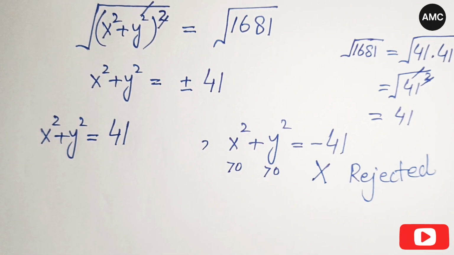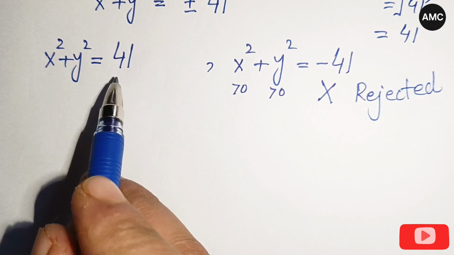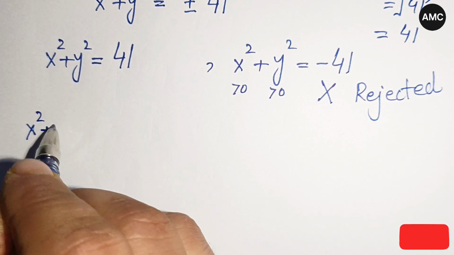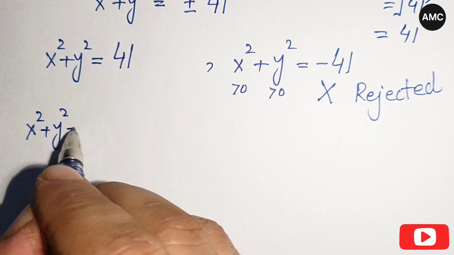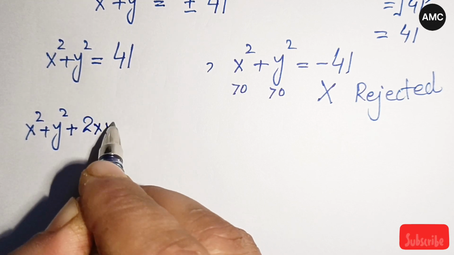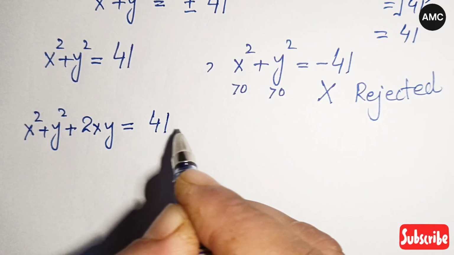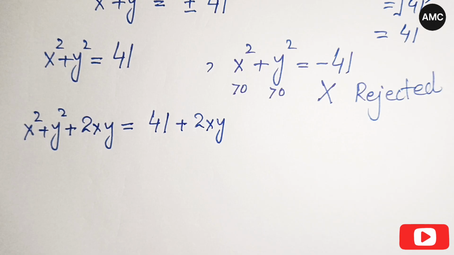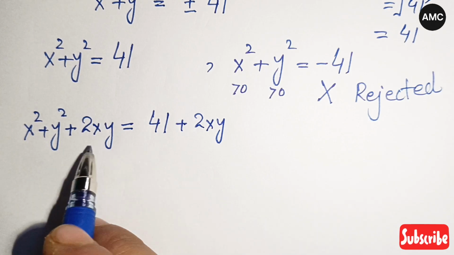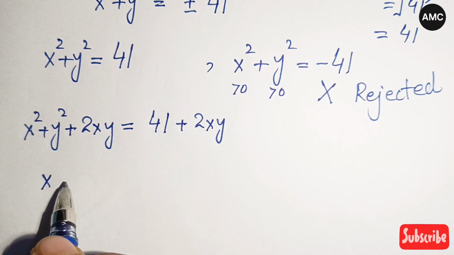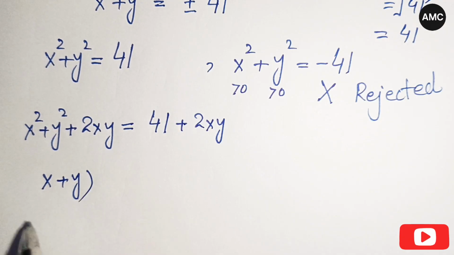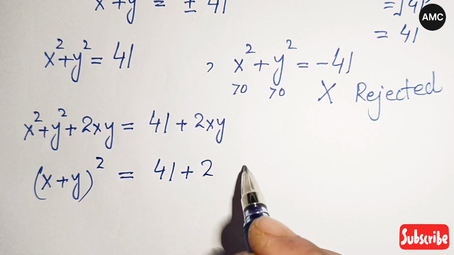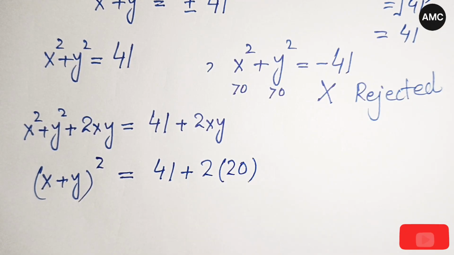Now taking x squared plus y squared is equal to 41 and finding the value of x plus y. Here x squared plus y squared, and if we add 2 times xy on our left hand side, and 41 plus 2 times x times y on our right hand side, it will become a perfect square, that is x plus y whole squared is equal to 41 plus 2 times the value of xy, we know that it is equal to 20.